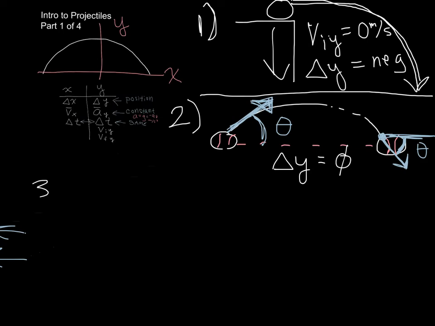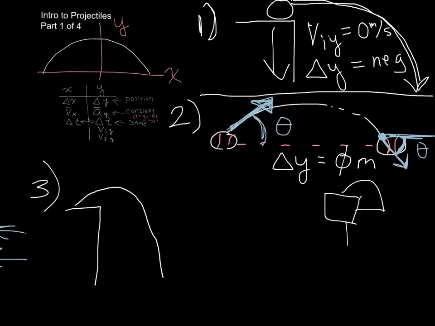I'm going to put a unit there because it's bothering me. Then we get to 3. And I'm going to draw you 2 pictures for number 3. I like to call this one the diving board scenario, and this one is going to be the basketball scenario.